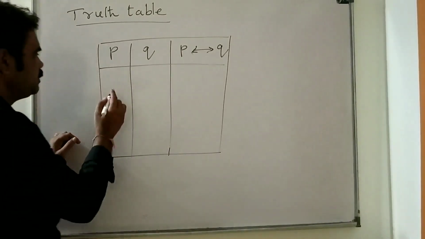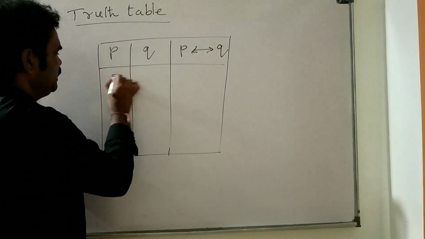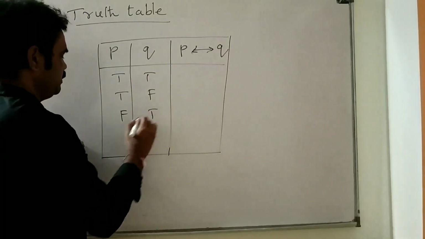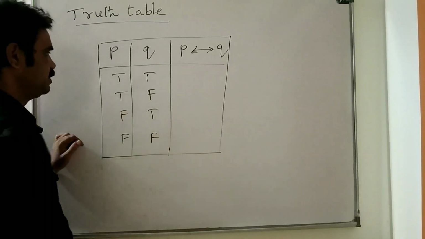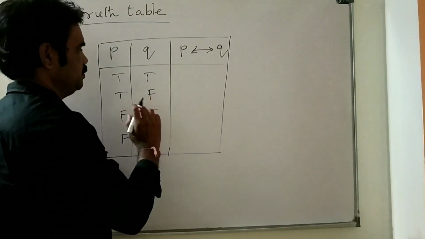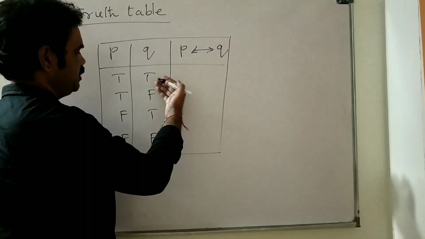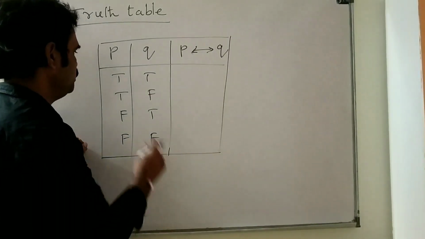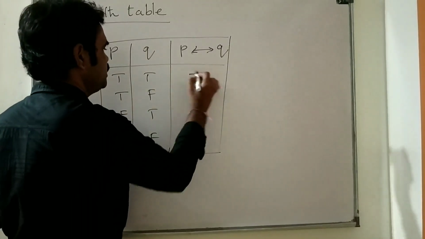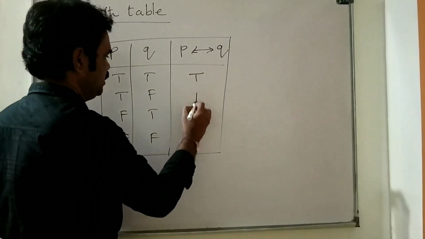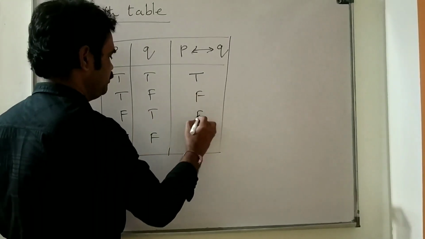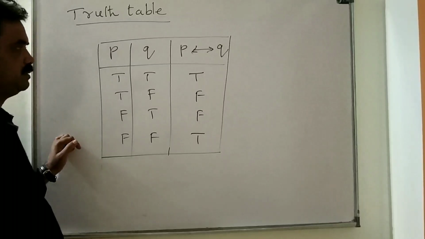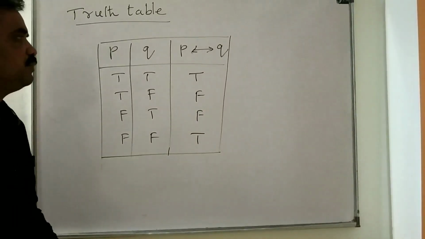Let's write the possible truth values of P and Q: TT, TF, FT, FF. Only when the two statements have the same truth values, biconditional is true. TT, same truth values, and hence it is T. TF, F. FT, F. FF, same truth values, and hence it is true. Okay? This is the truth table of biconditional.